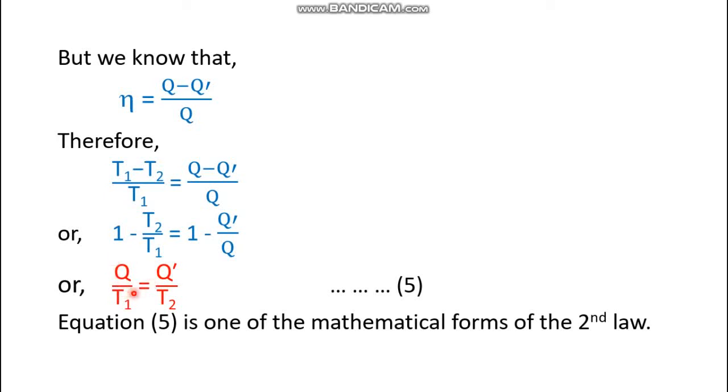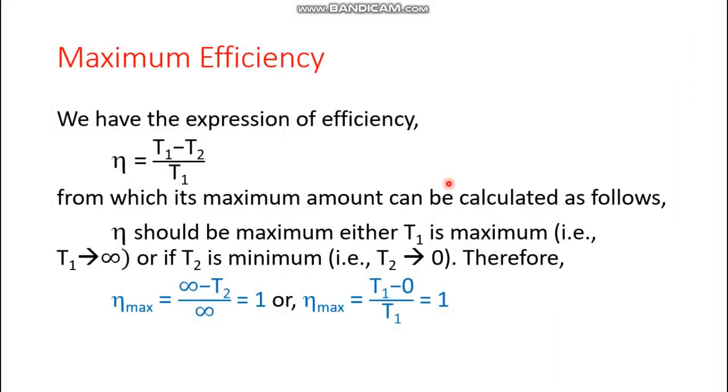This is a very important relationship, and this is actually the mathematical form of the second law of thermodynamics, and it has many forms but all have a similar meaning. Likewise this one, heat change by temperature, is constant. From this we can reach the conception of entropy, the mathematical form of entropy.